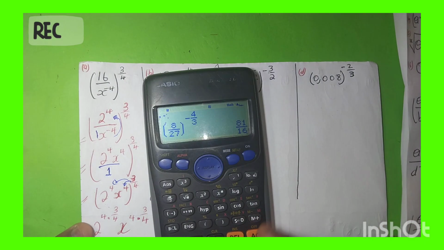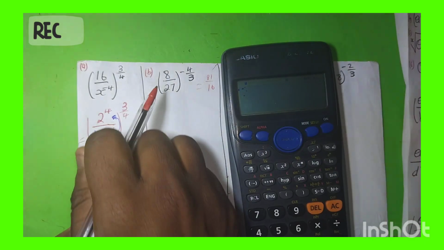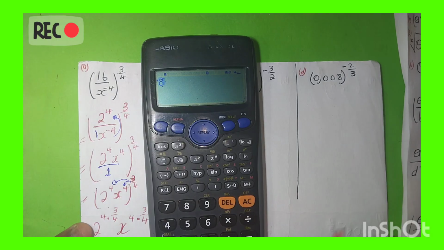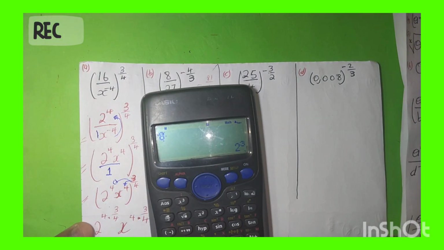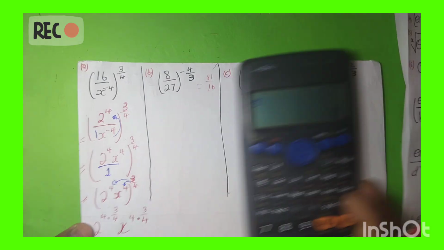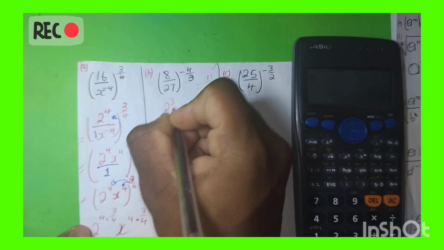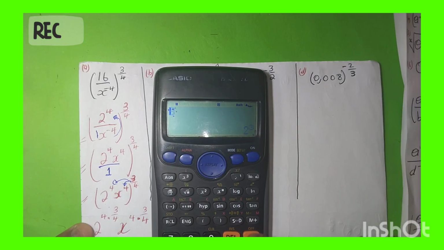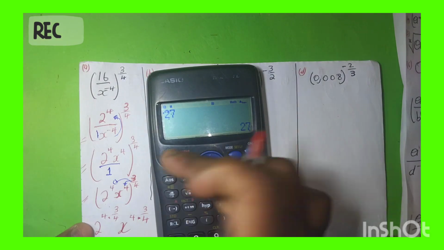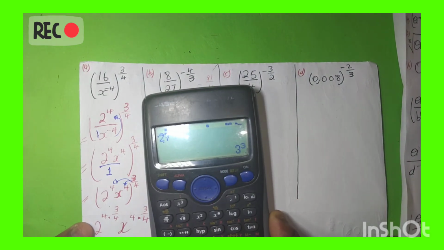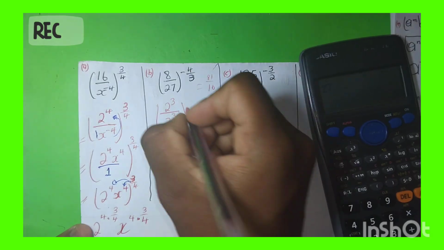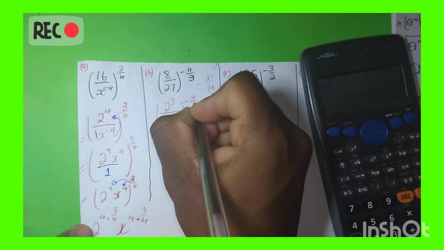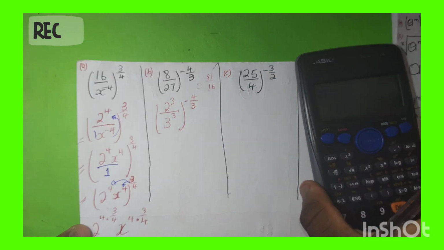This is how you use the laws of exponent. You change all those bigger numbers into exponential form. Say 8 equal shift fact. This is what you will get, which is 2 to the 3, divided by 27 equal shift fact. Do you see? Meaning this is 3 to the 3, and here I got minus 4/3.